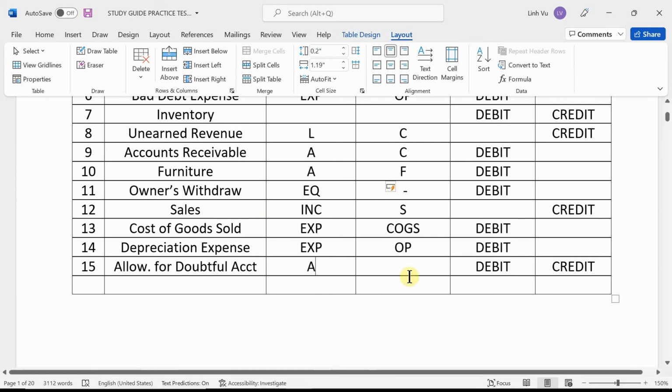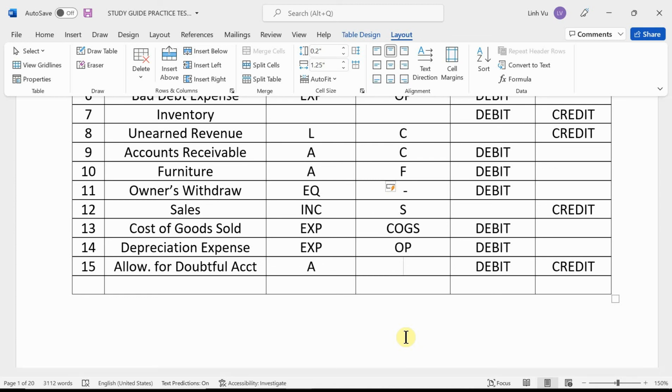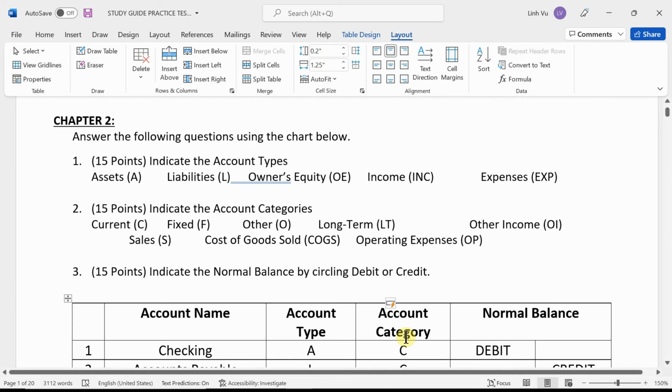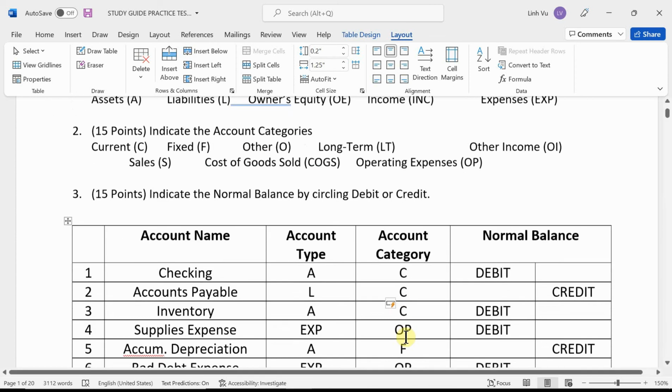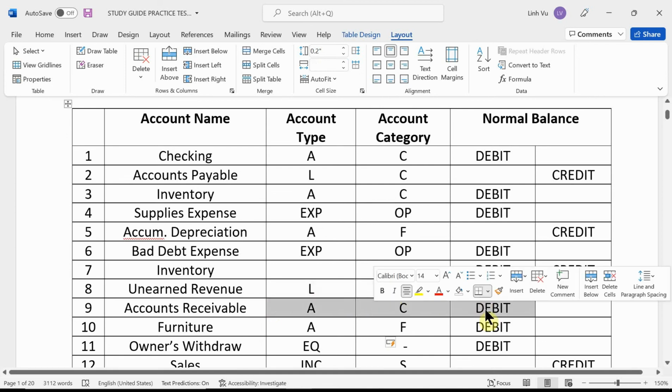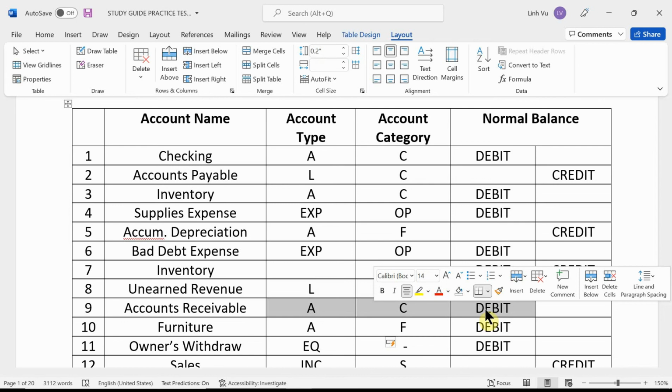Now, what kind of asset is accounts receivable? Accounts receivable, we would be receiving money.